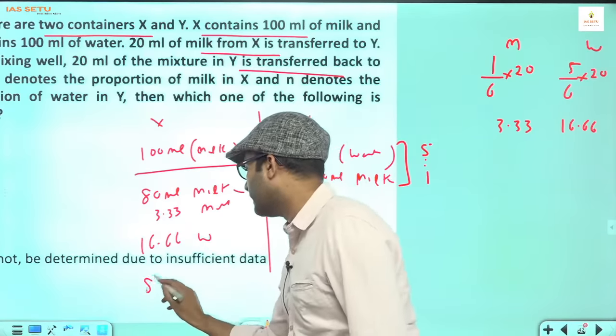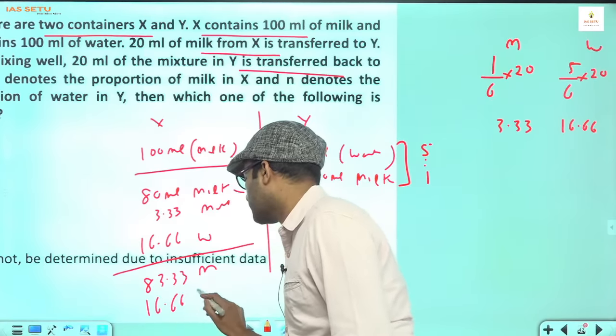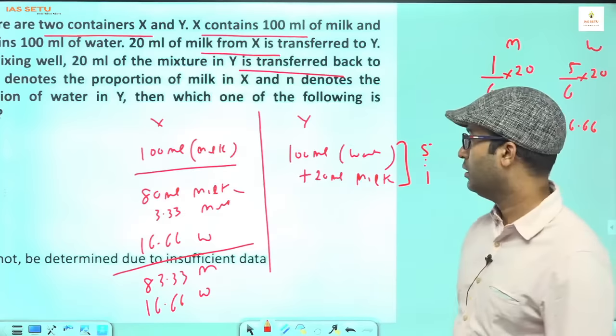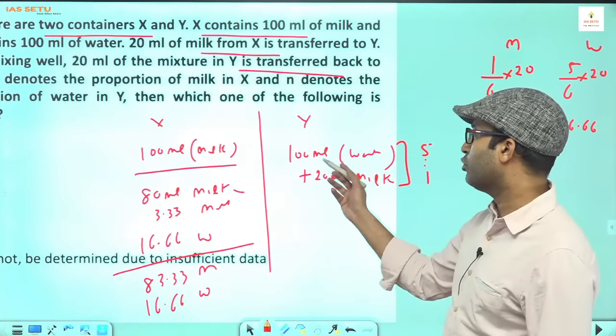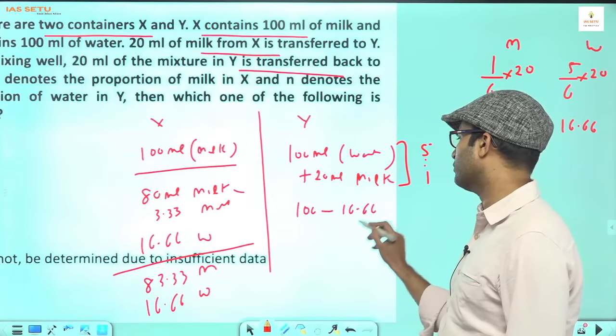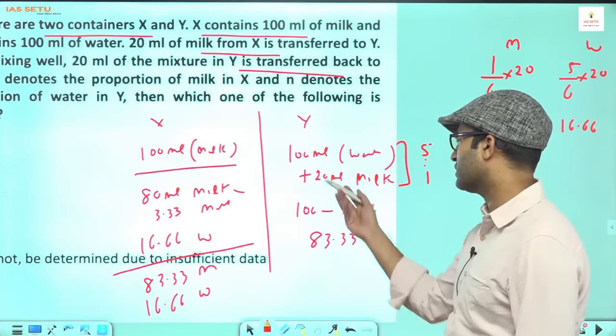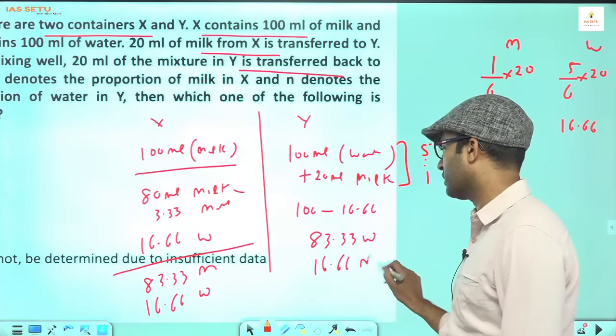So what you get is 83.33 milk and 16.66 water. Here 16.66 water went out, so out of 100, 16.66 water is gone, so water will be 83.33 water, and the rest is milk, 16.66 milk.